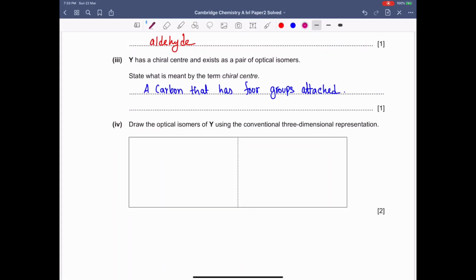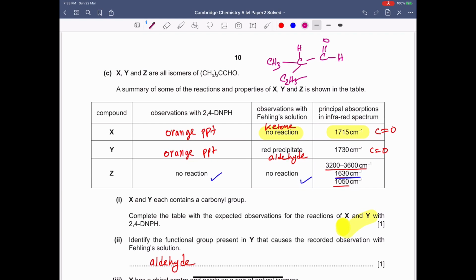Draw the optical isomers of Y using the conventional 3-dimensional representation. So, to do this, let's first draw whatever we have in hand. (CH3)3CCHO. If you notice here, this carbon has no chance of becoming asymmetric or chiral.